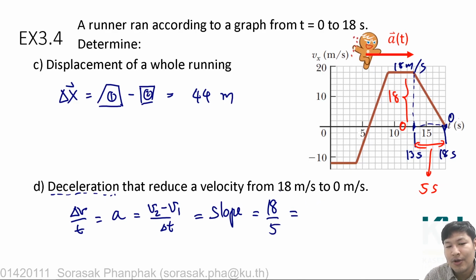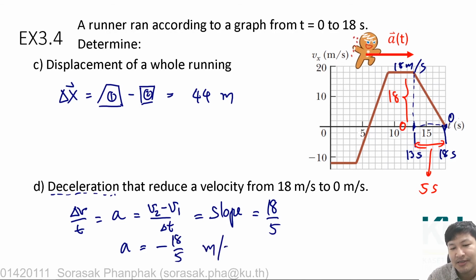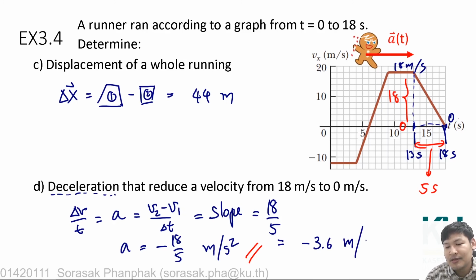So this is your acceleration now. The acceleration or deceleration in this case is minus 18 over 5 meters per second squared. Here is your answer: minus 3.6 meters per second squared.